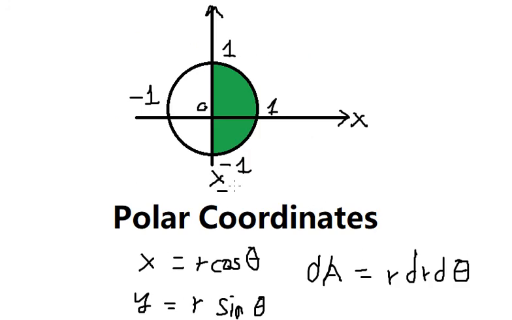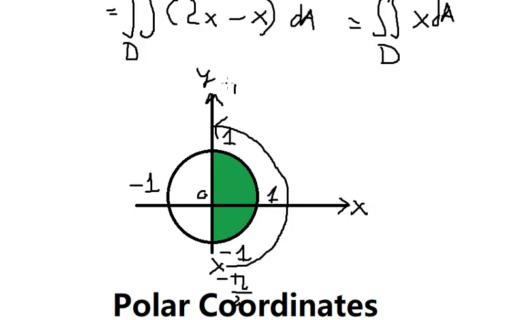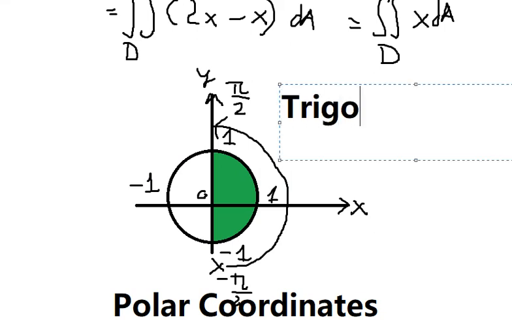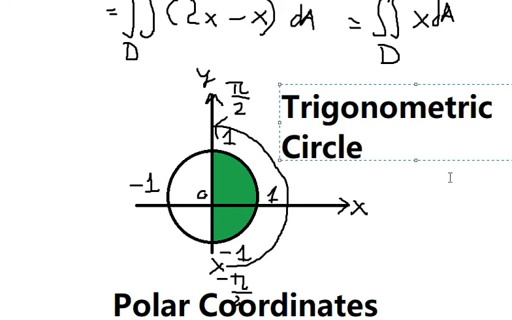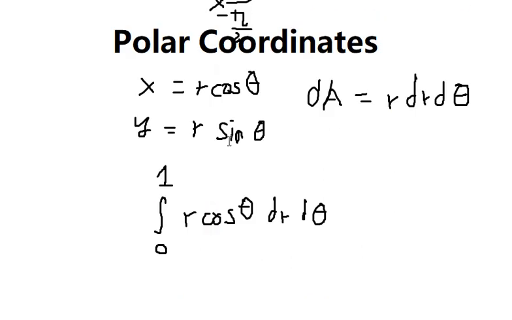This is negative pi over 2. So from here we go to this one, and this one is pi over 2. So I just apply the trigonometric circle. That way we have negative pi over 2 to positive pi over 2.